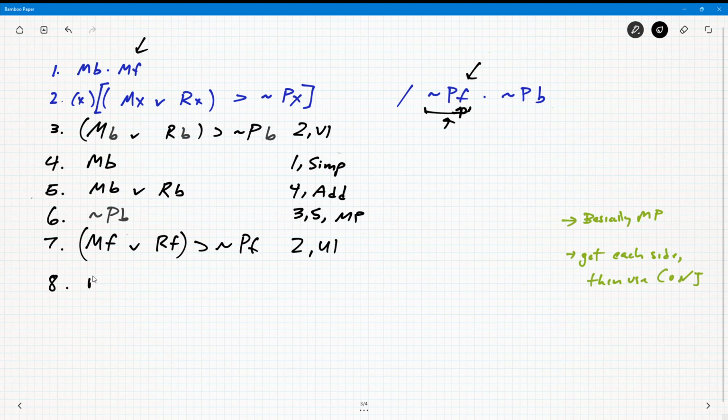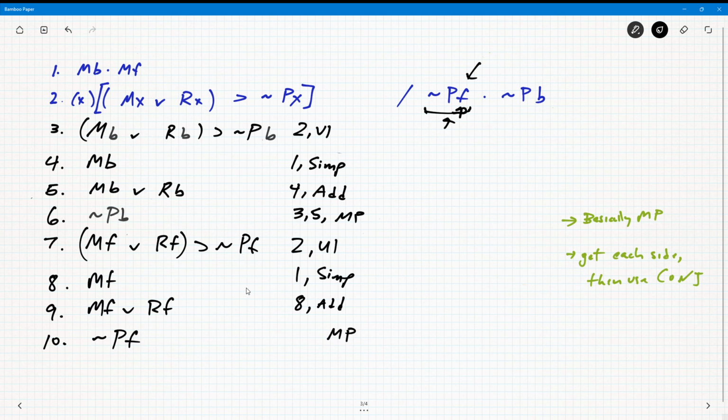We know that Fanny's a mammal from line 1, simp. So we also know that either Fanny is a mammal or Fanny is a reptile. Right, this is just 8, add. And once we have that formula, then we're able to derive the consequent using modus ponens now on 7 and 9.